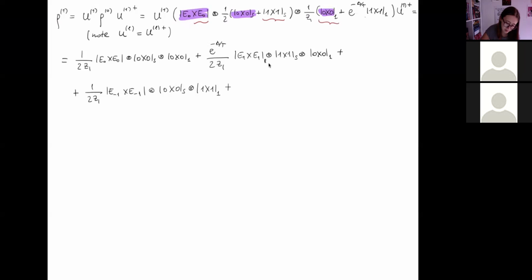Okay, and the last term in the sum to consider is the following. State of the battery E0, state of the qubit 1, and state of the heat bath qubit 1.